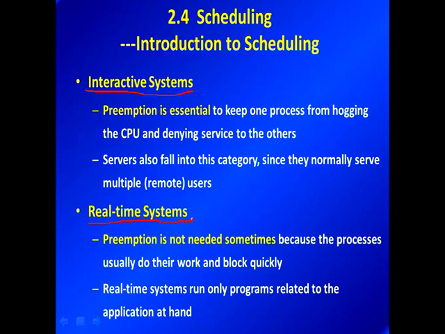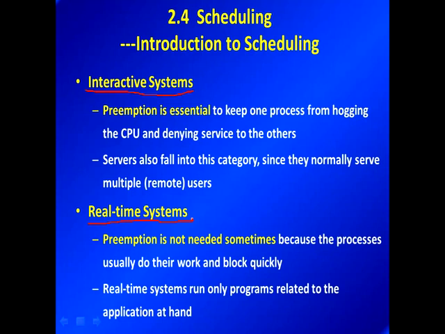Because if you force a certain process out of the CPU, that process might be handling some very important work. If that process is forced out of the CPU, it has to wait for the next scheduling point, and maybe by the time the process finishes its job, the result is useless.